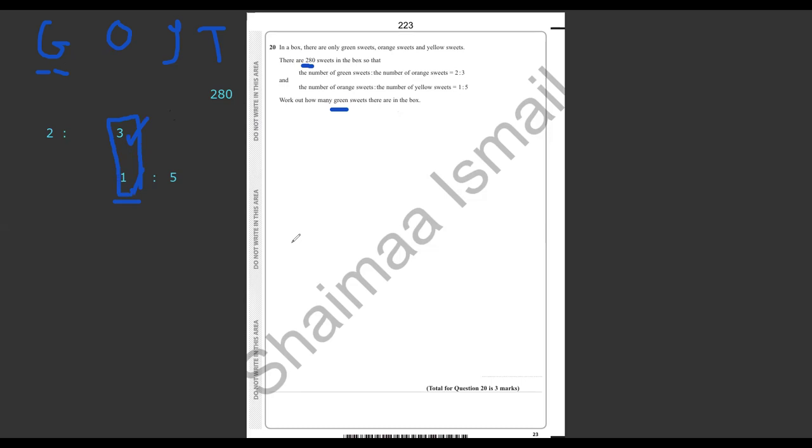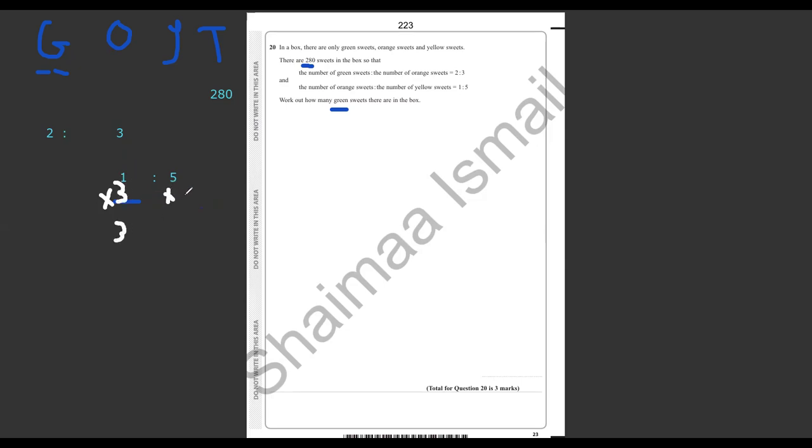So we have to change this ratio by multiplying by 3, so 1 multiplied by 3 is equal to 3.